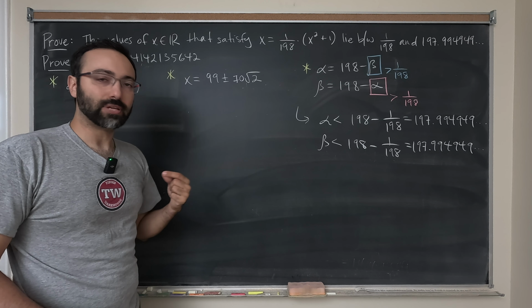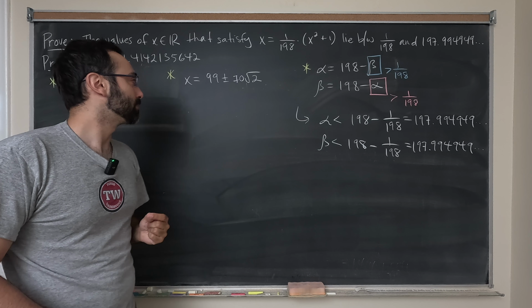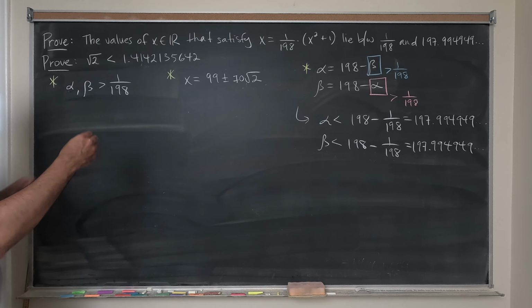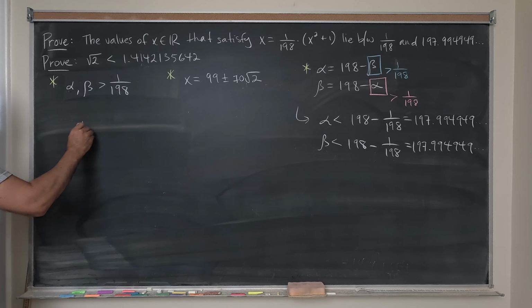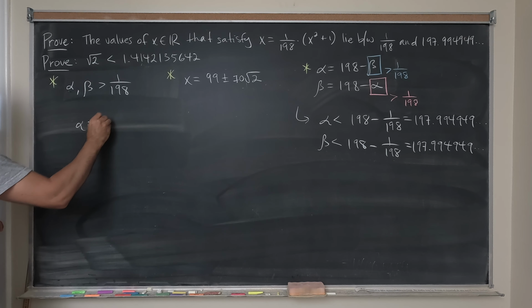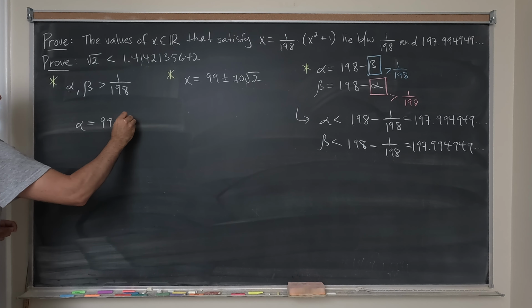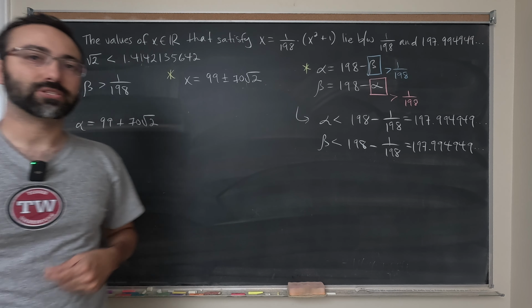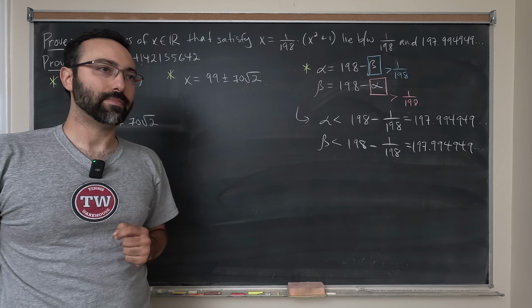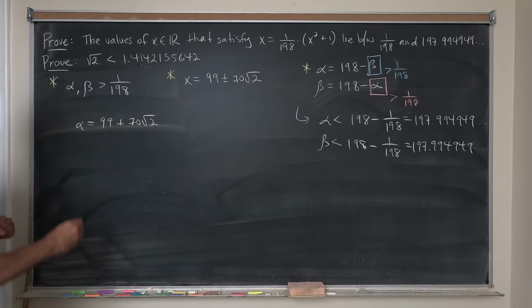Well, for example, alpha is a solution to that, or alpha satisfies this. So what we can say now is alpha, that's one of our values, equals 99 plus 70 times the root of 2. Okay, let's rearrange that for the square root of 2.